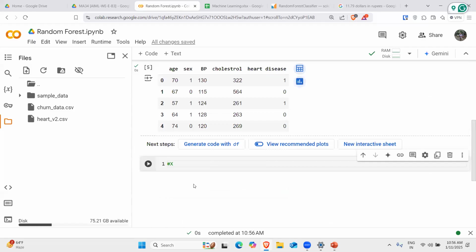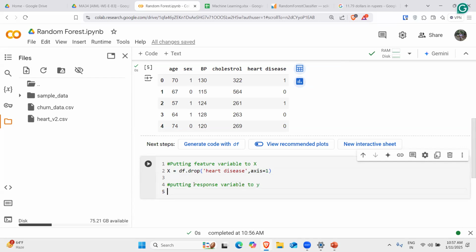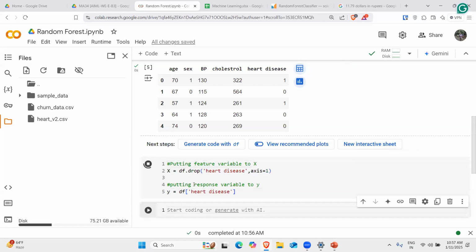That is, in X, capital X equals df.drop, I'm going to drop heart disease, and put the response variable y equals df of heart disease, right?